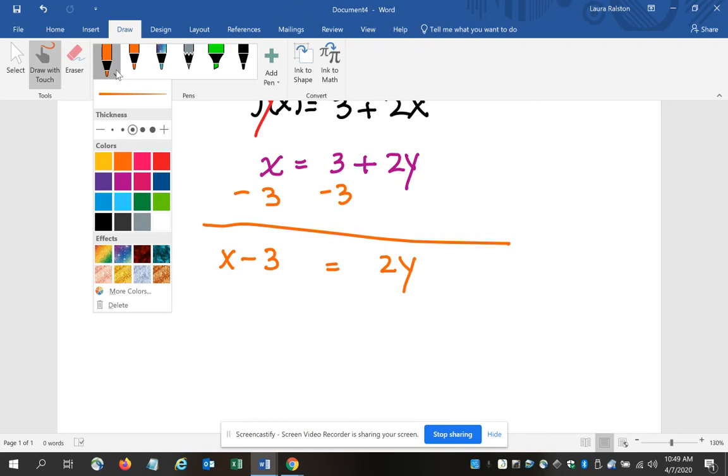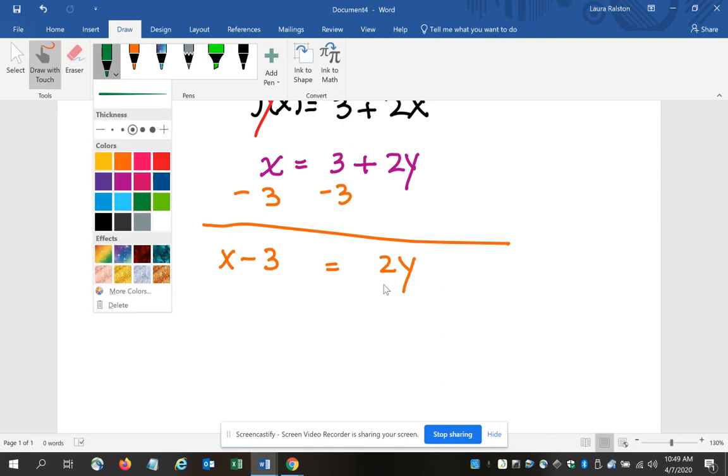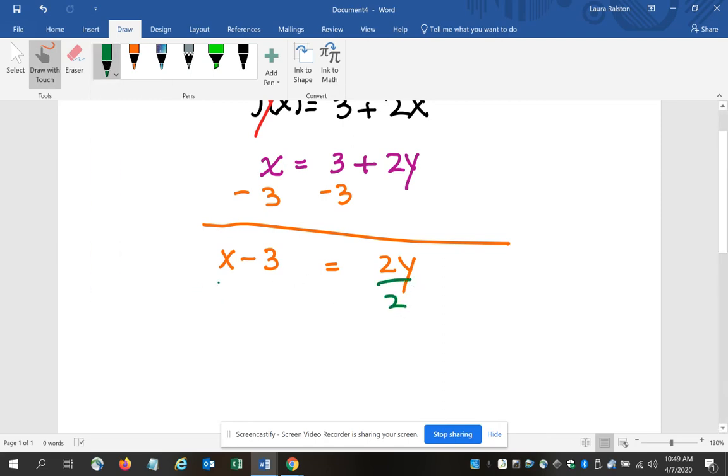Then I need to divide both sides by 2. So I end up with y equals the quantity x minus 3 all over 2.